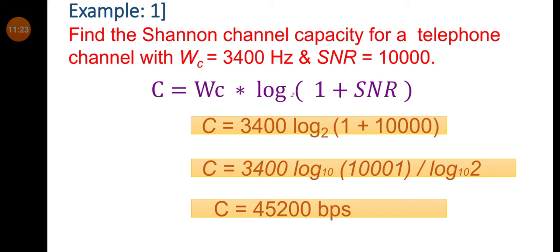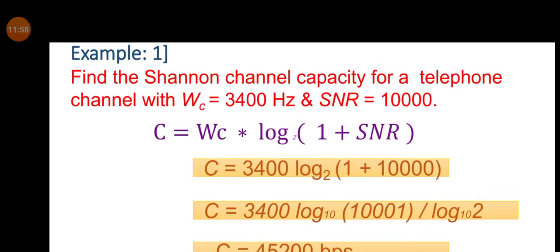WC means bandwidth, as you have already seen in the formula. So the bandwidth for the telephone channel is 3400 Hz and its SNR, signal to noise ratio, is 10,000. In this problem they have given bandwidth, 3400 Hz, and signal to noise ratio, 10,000, and they have told us to calculate the channel capacity, which is C. By using the Shannon formula we can calculate it.